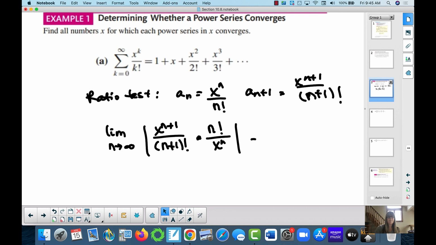From previous sections, we learned that x to the n plus 1 over x to the n is just x. So we get the absolute value of x. And then n plus 1 factorial over n factorial would be just n plus 1, because in n factorial, we're only missing the n plus 1.